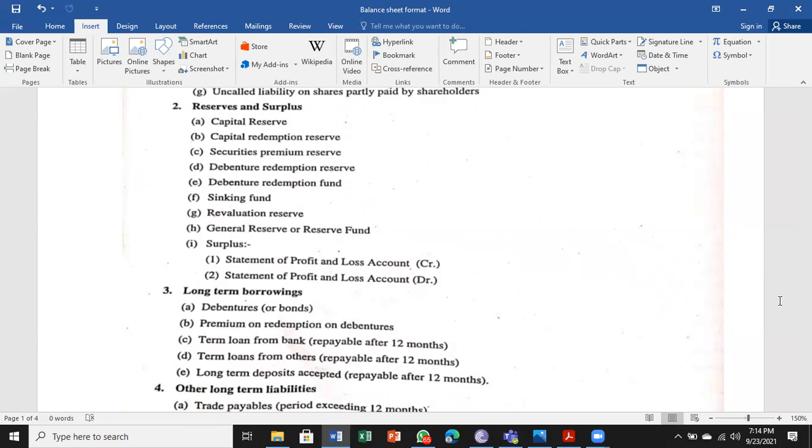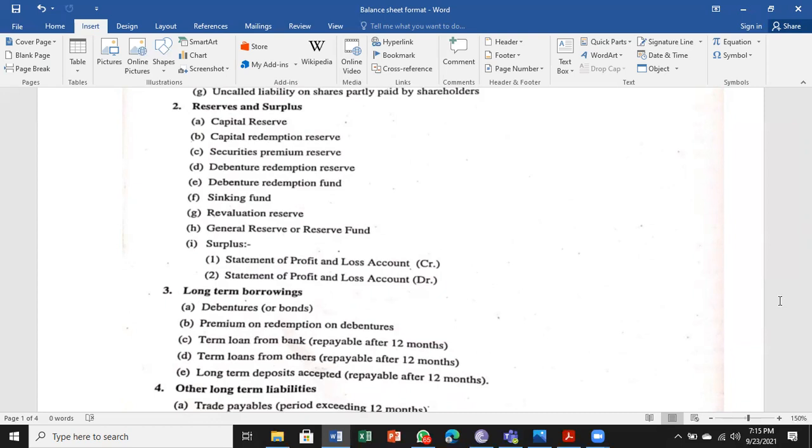I have given here some reserves, not all reserves and all funds, only a few. Capital reserve is for long-term and special purposes. Capital redemption reserve is to repay the preference capital.